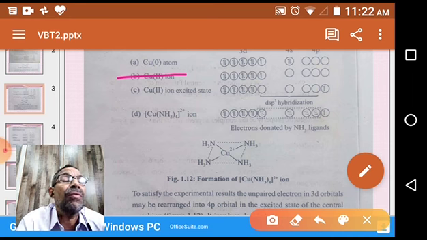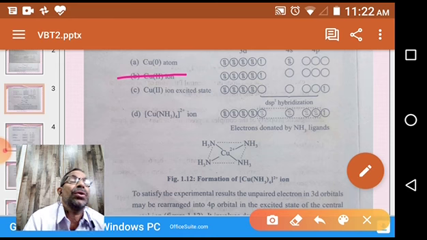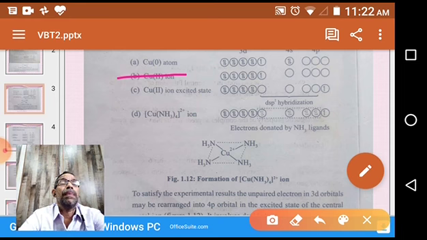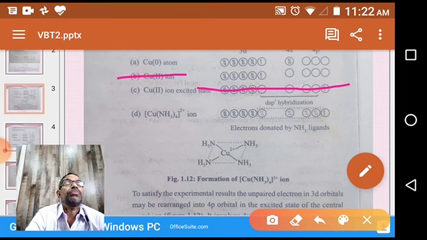The electronic configuration is 4s2 3d9, actually 4s1 3d10. Then in the +2 state, it loses 2 electrons, 1 electron from 4s and 1 electron from d. So this is the electronic configuration of copper in the +2 state.